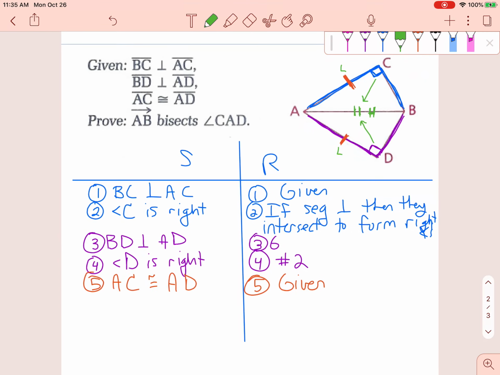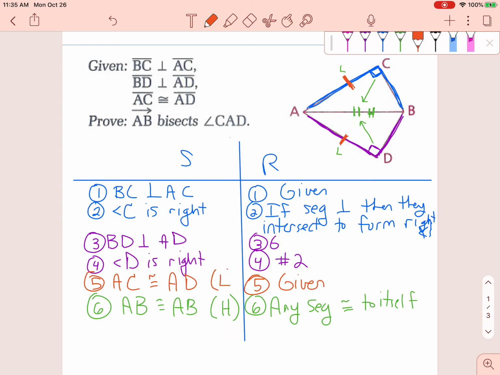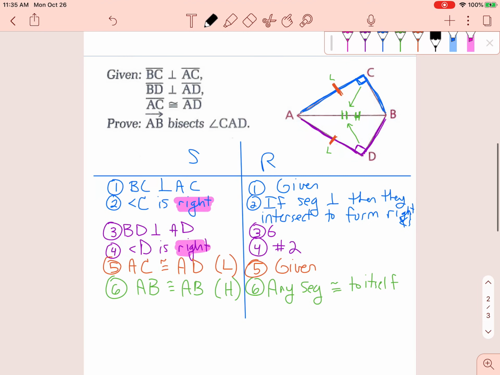So first we have to state that AB is congruent to AB, and that is any segment is congruent to itself. That is the reflexive property. This is also a hypotenuse. The orange ones are legs. And again, my third piece of information, I have to have right triangles, which I do.